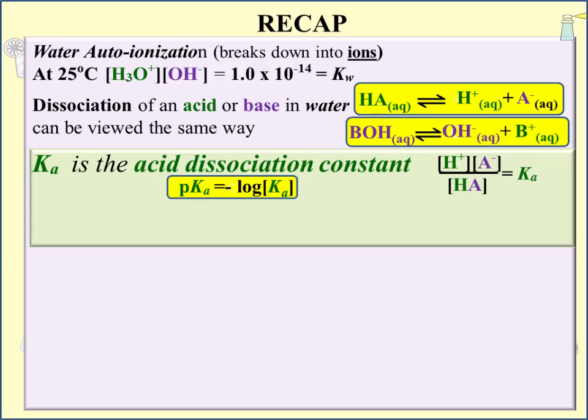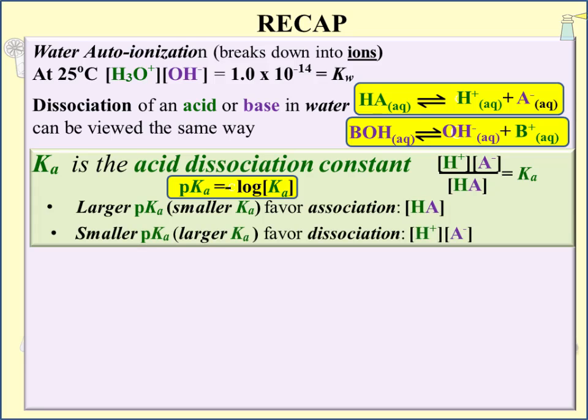It is simply a way to make the very small Ka of most weak acids easier to handle. A larger pKa, which corresponds to a smaller Ka, favors association. There is more acid than ions. A smaller pKa, which corresponds to a larger Ka, favors dissociation. There are more ions than acid.